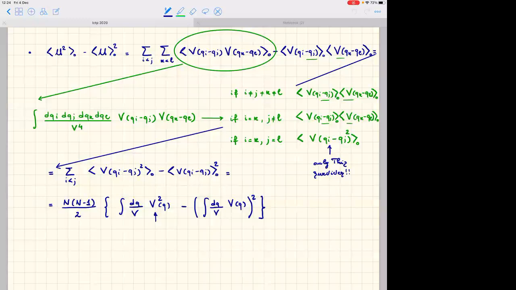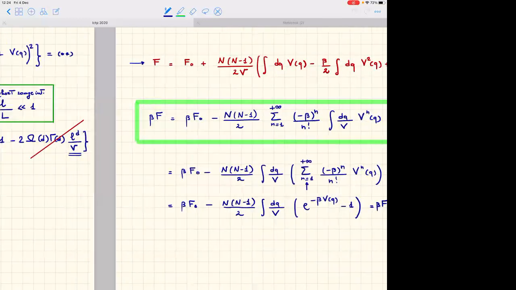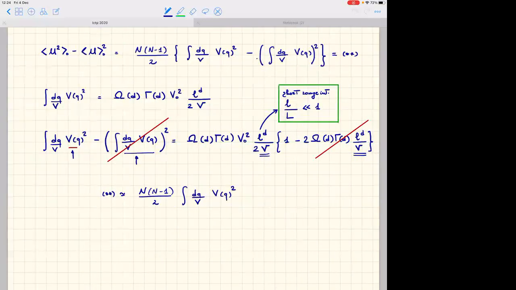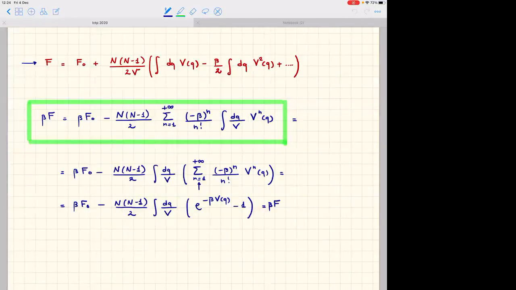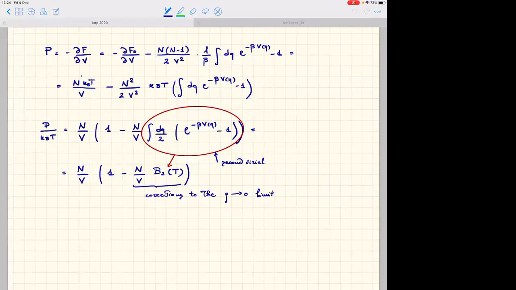So it's going to contain the ones that we neglected at third order, and so on and so forth. All those terms are going to contain corrections that are higher powers of N over V times some appropriate length scale to the power d.